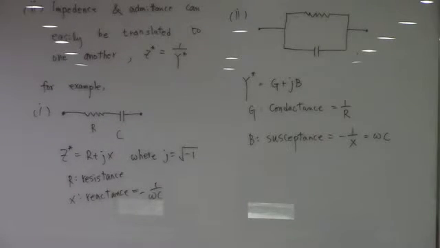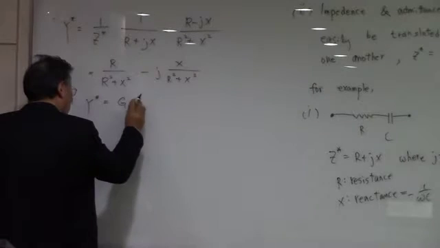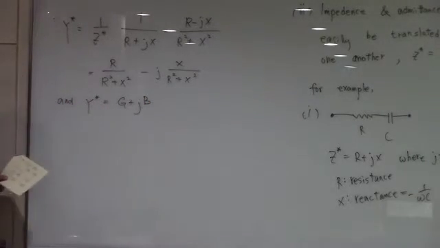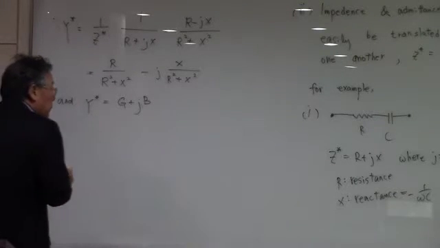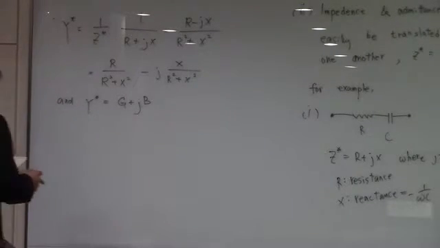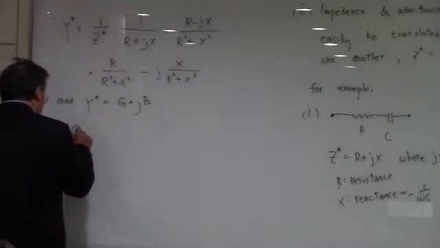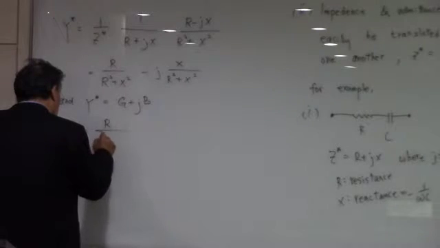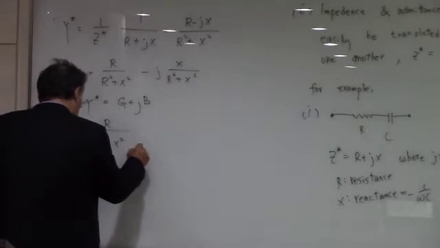And Y star can be represented with a conductance and a susceptance. This conductance now becomes R over R square plus X square.